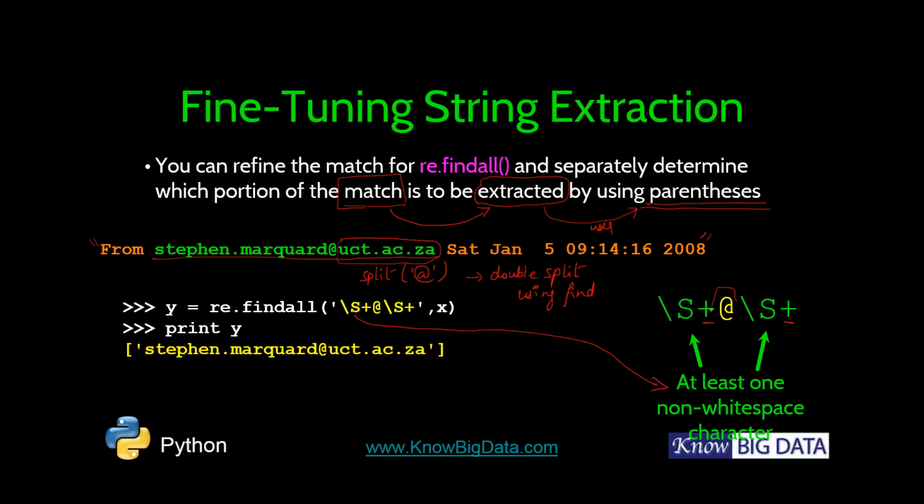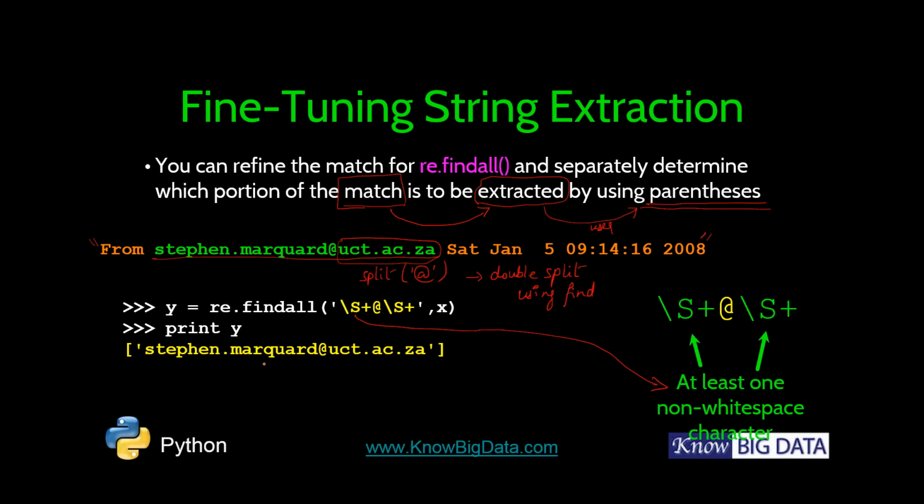So at the rate is at the center. Before at the rate and after at the rate, we need to have at least one non-white space character. Similarly, after at the rate, we should have one or more non-white space characters. Non-white space is that which is not a white space.